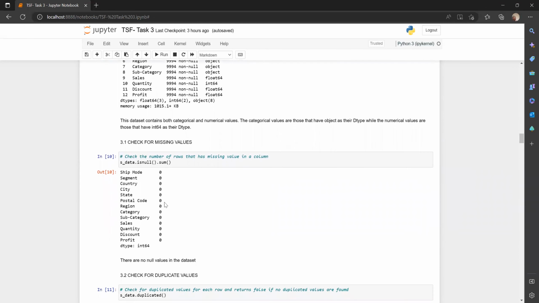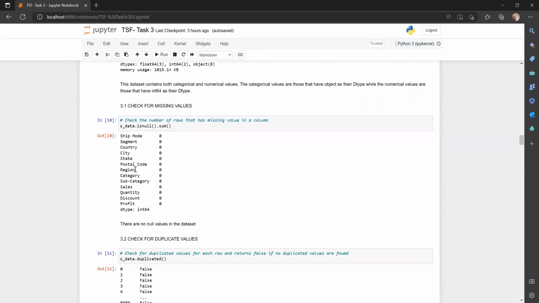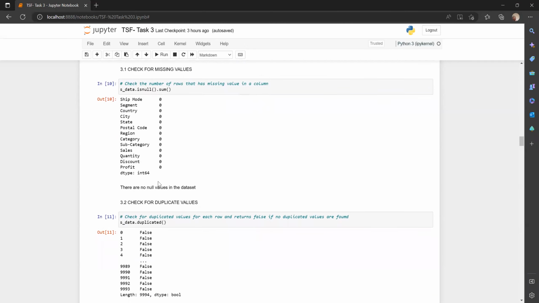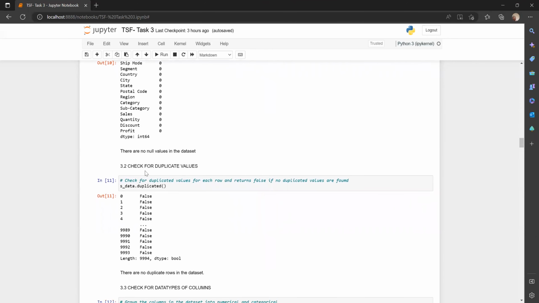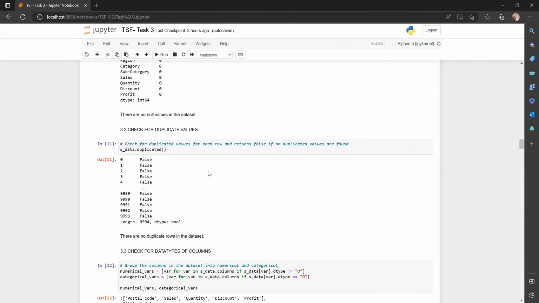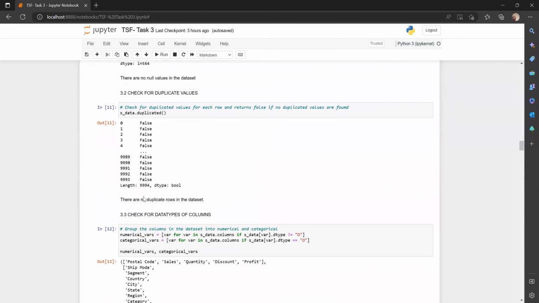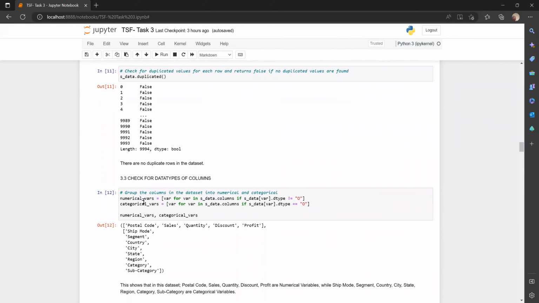The next thing I checked was for missing values, which shows if there are any empty values in the data set. For this data set, there are no null values in it. The next thing I did was to check for duplicate rows, and it shows that there are no duplicate rows in the data set.